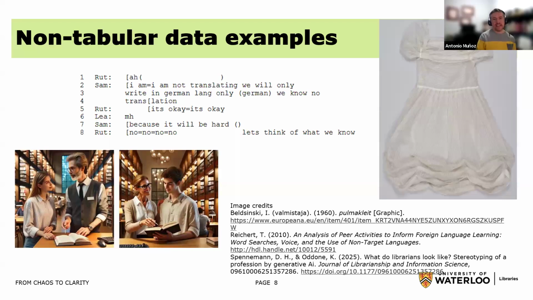And then on the top right corner, you see a dress. Now, obviously, this is a picture of a dress, but imagine that you have the dress in front of you. There's research in fashion that has very interesting ways of approaching how we think about clothing items. So, for example, you can be looking at things like the textiles from which this dress was constructed, the construction methods themselves, whether or not the garment has been altered, if there is a label to tell you the designer or the company created the garment.